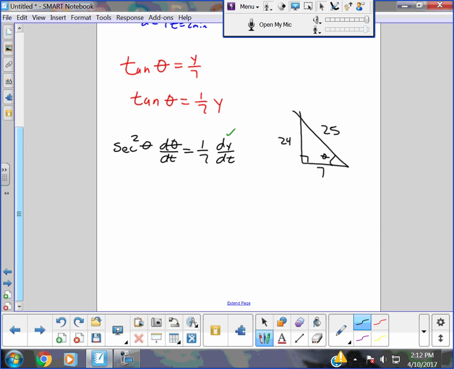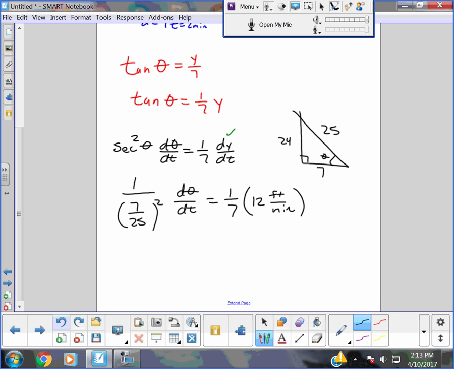So everybody, here's where students screw up. Most students take the time right now to find the angle. Do not find the angle. This is a ratio. It's 1 over cosine squared, and I wouldn't care what decimal that was. So this is 7/25 squared. d theta dt equals 1/7, and we agreed dy dt was that little beetle scurrying away at 12 feet per minute.